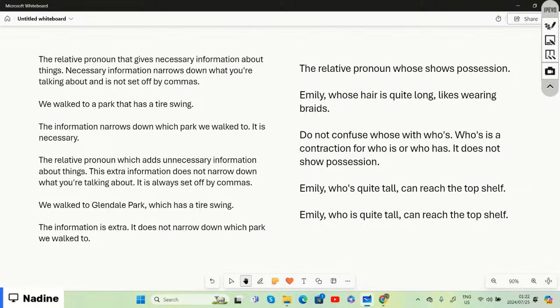Now, on to the next one with a relative pronoun. It gives necessary information about things. Necessary information narrows down what you are talking about and is not set off by any commas.